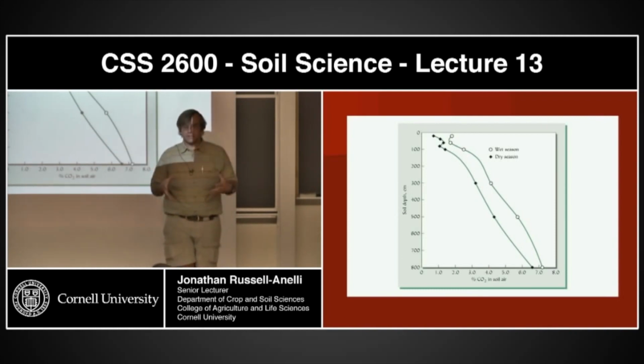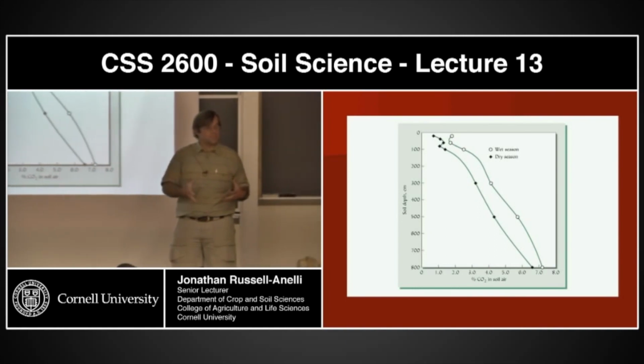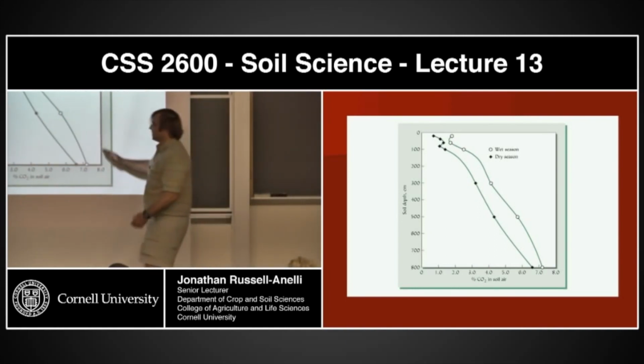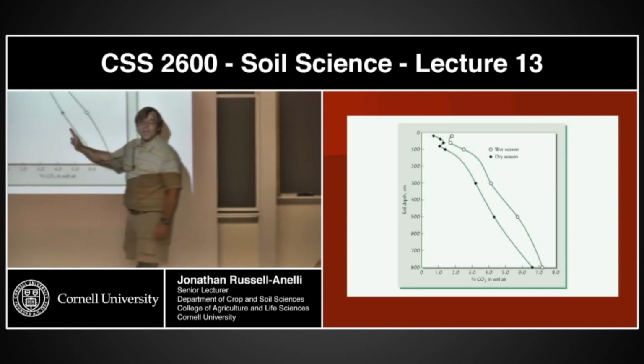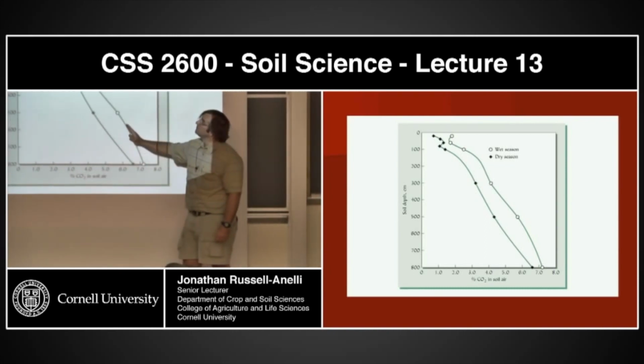Lots of pores. They're not packed with water. I should have lots of gas exchange. My CO2 level is down, though. Wet season, CO2 levels go up. What's happening in this scenario? This is not a case of water moving into the system and driving everything out.